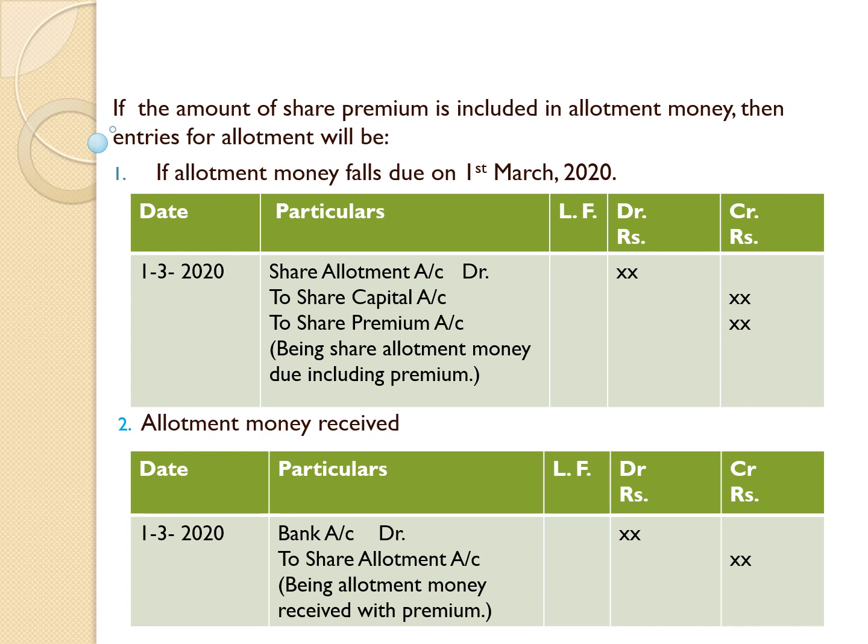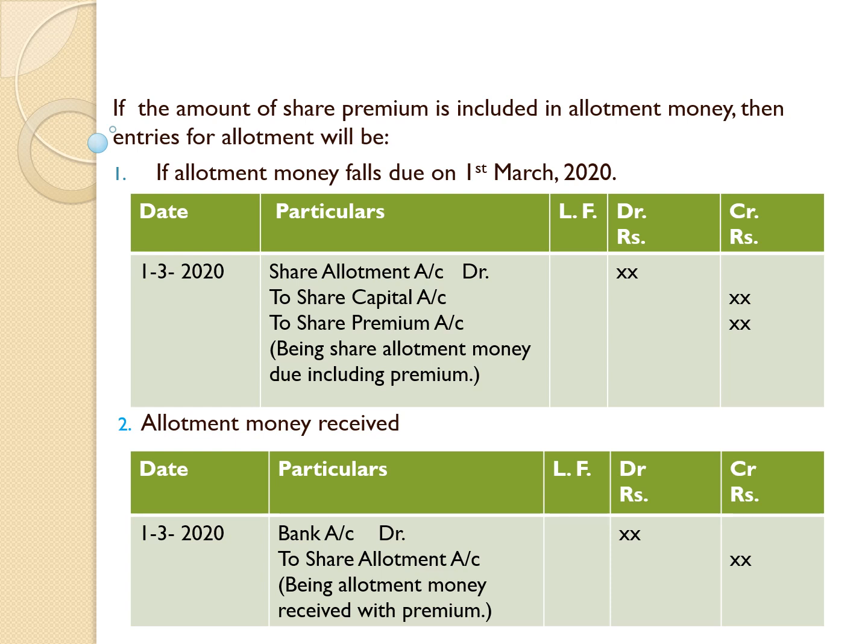Then there are two portions. One portion is capital portion and another portion is premium portion. These two portions will be credited. Therefore, to share capital account, to share premium account, narration for this entry being share allotment money due including premium.